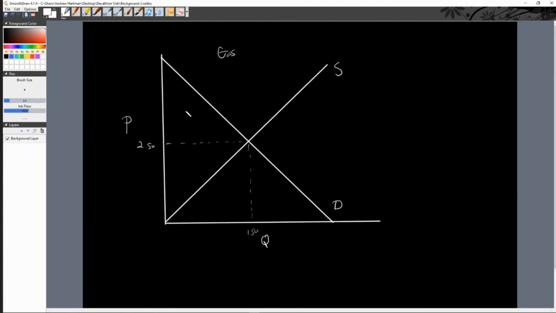If you recall, consumer surplus and producer surplus are this triangle here. And we're going to talk about this as a closed economy, so there is no trade into this country. This is United States gas in a closed economy. As you recall, for producer surplus, there are certain firms who below $2.50 would be willing to sell gasoline to people.